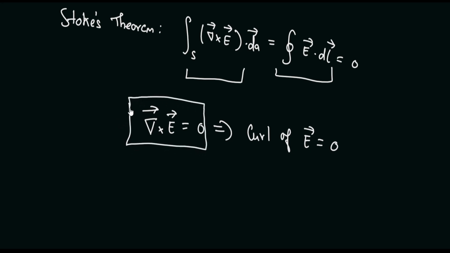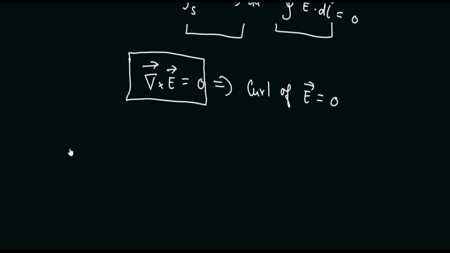One last thing. Now that we know that the curl of the electric field is equal to 0, the curl of any vector field being equal to 0 implies that its line integral is independent of the path, and we can prove that very easily. Let's take a closed loop.